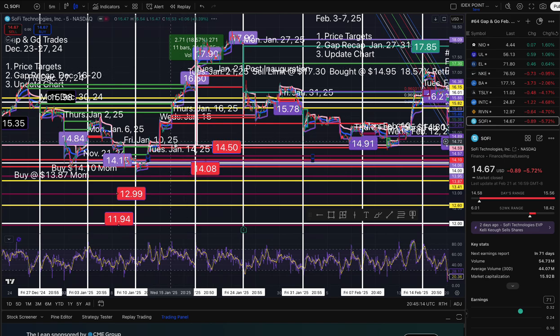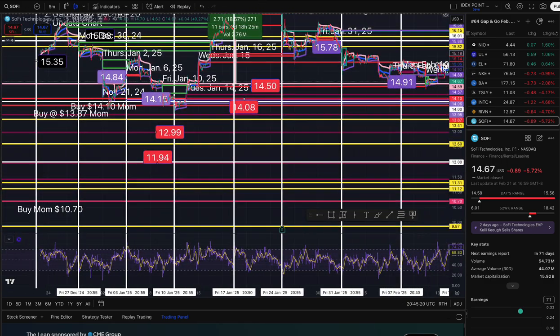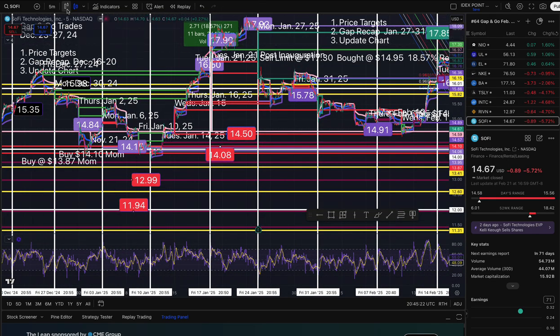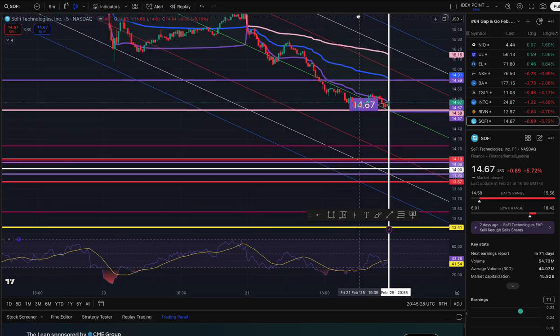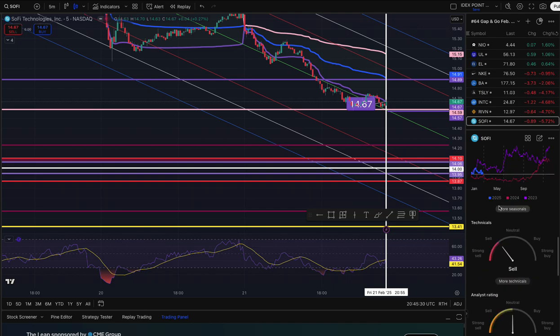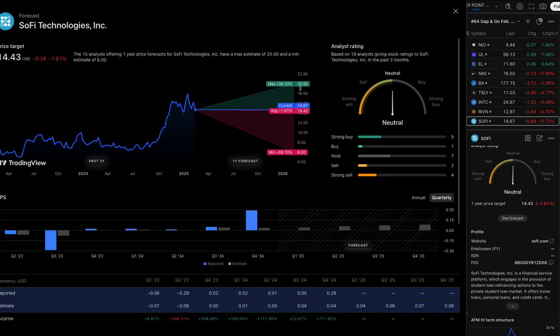Oh, I bought some here and I sold some here for an 18% return. I've sold this multiple times, but I'll have to show you that one day on the daily time frame. This is just on the 5-minute time frame for quick price action. And then the 1-year price target on this puppy is, the next target is $20 to the south side, 1443. Oh, we're right there.